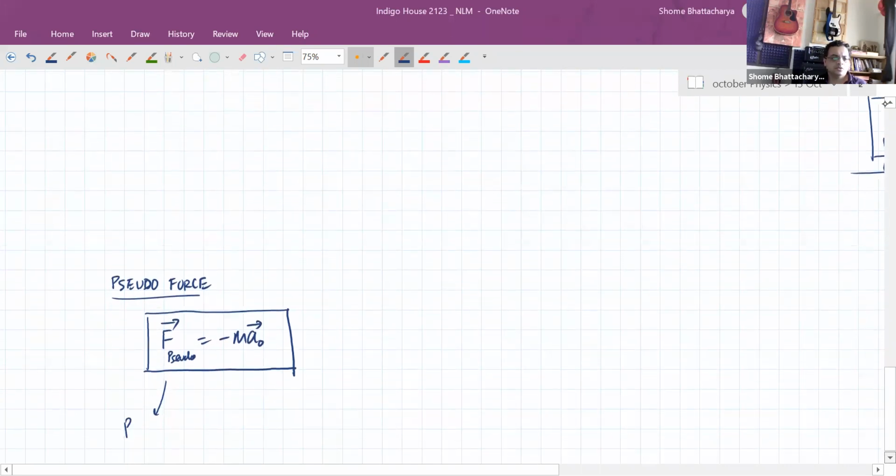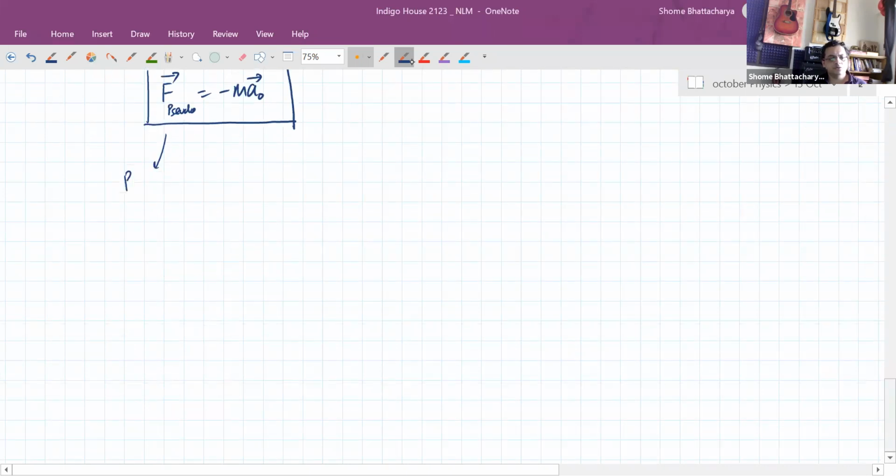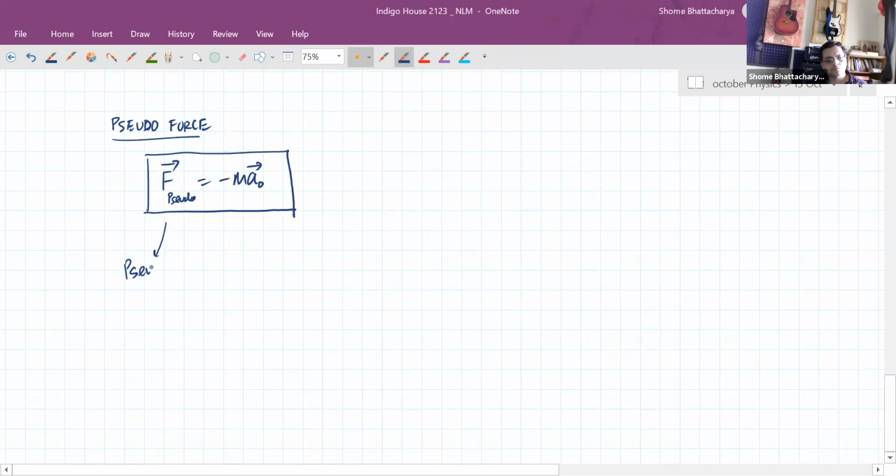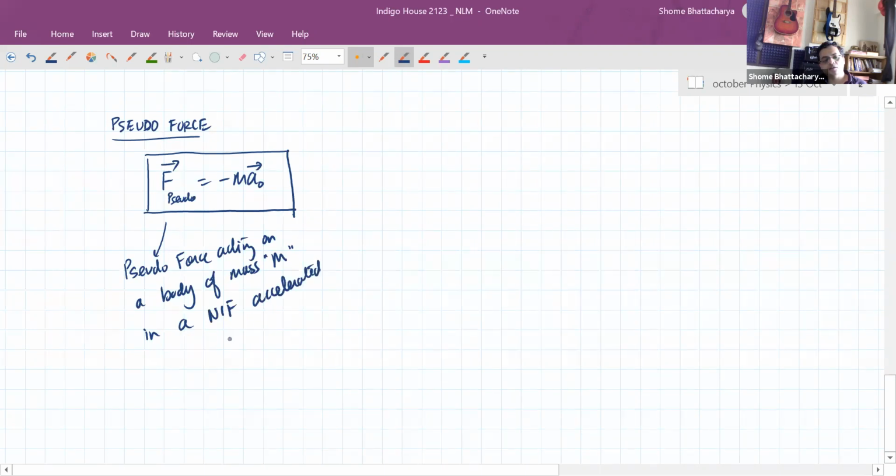So the left-hand side of the equation, F pseudo, is the pseudo force acting on a body of mass m in a non-inertial frame accelerated at this much acceleration with respect to ground.